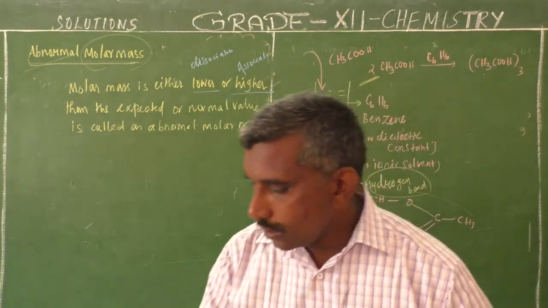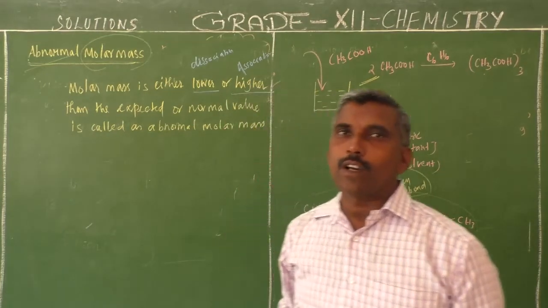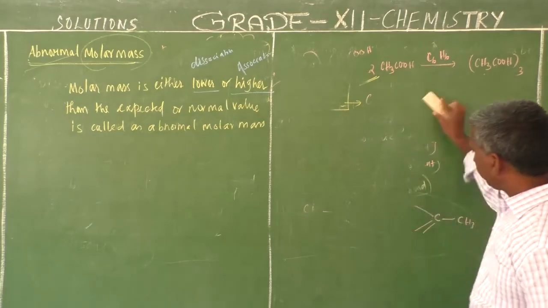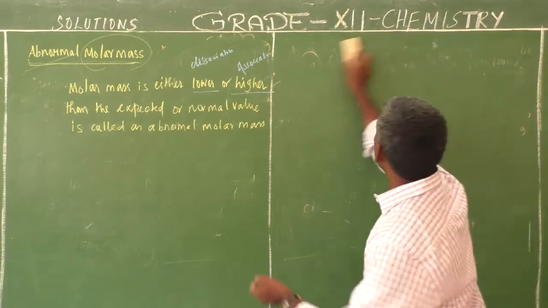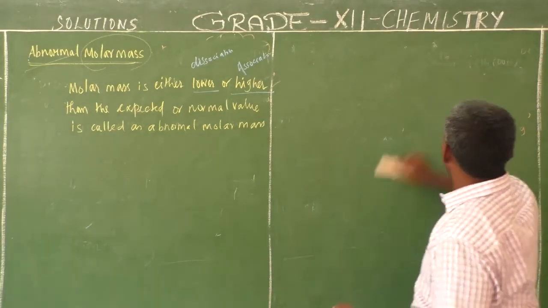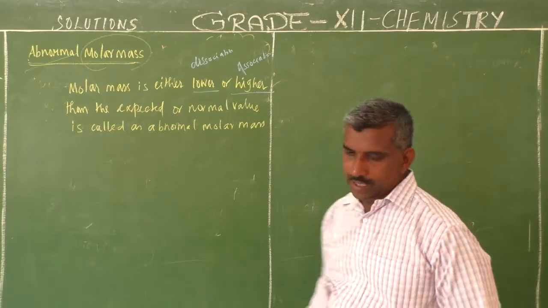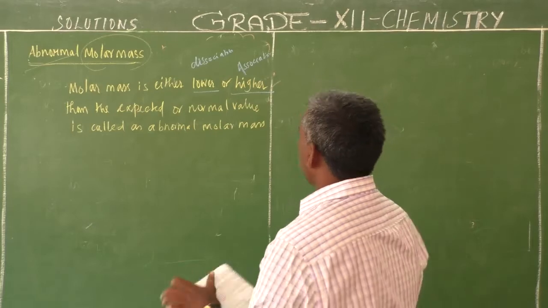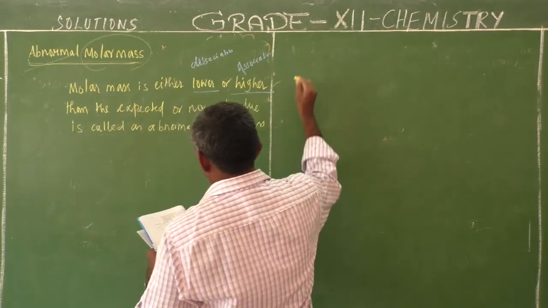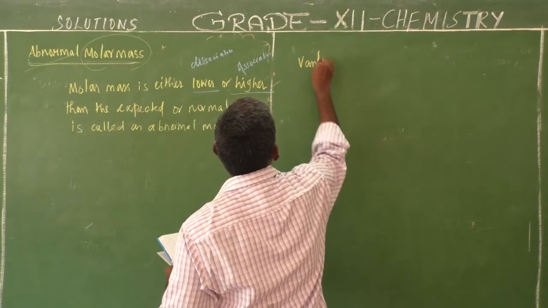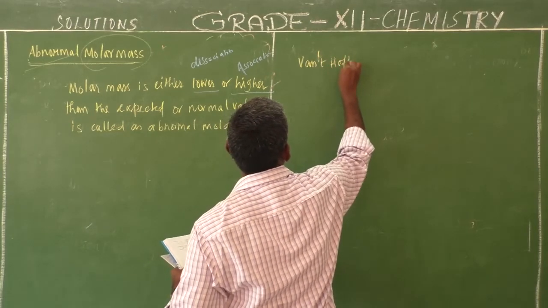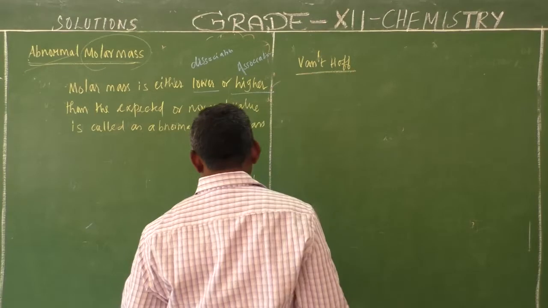Okay. So the abnormal molar mass finding is by Van't Hoff. The scientist's name is Van't Hoff.